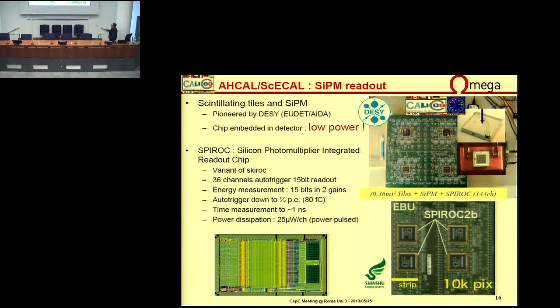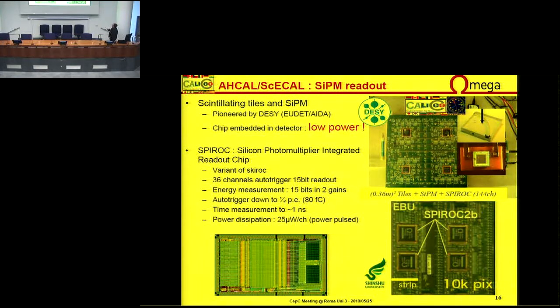So now I switch to the chip which was designed in order to read out SiPM. This chip is called PROC. This was done in collaboration with DESY people because they are using this SiPM. So the requirements are more or less the same as Skyrock, I mean, large dynamic range, low power.